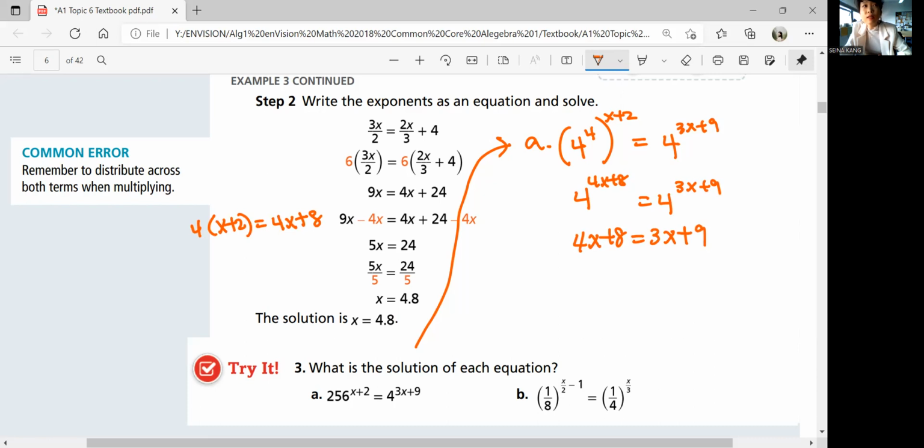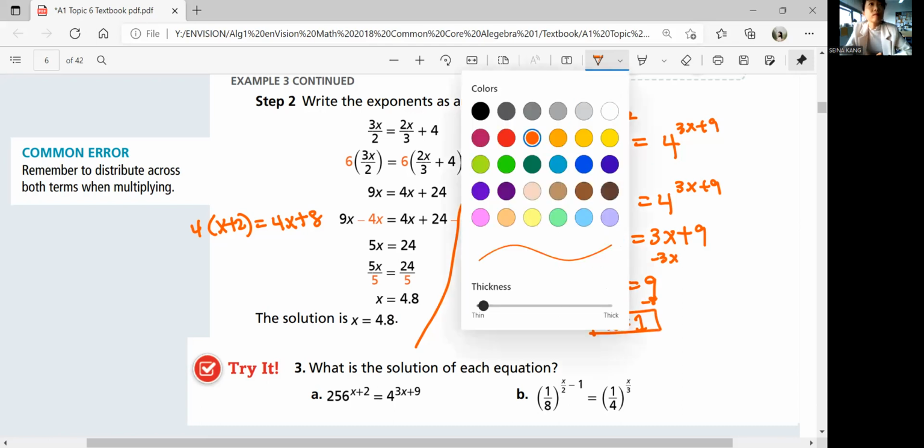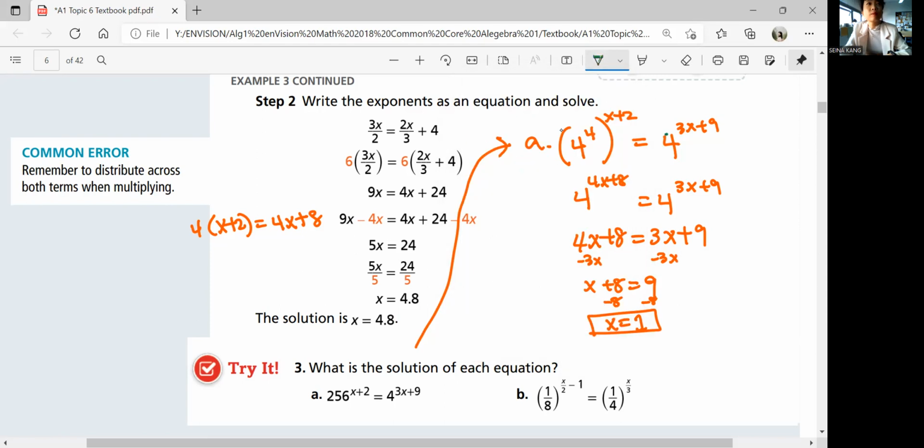So solve for x, subtract 3x on both sides, and you get x plus 8 is equal to 9. Subtract 8 on both sides, you get x is equal to 1. That is your solution for part A. Not too bad, right?